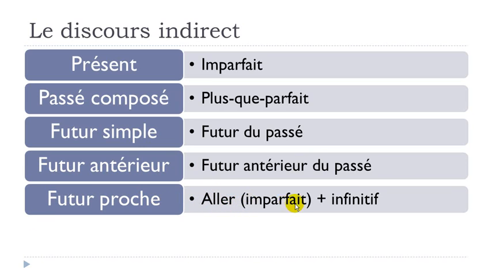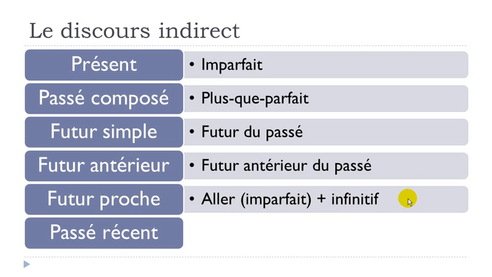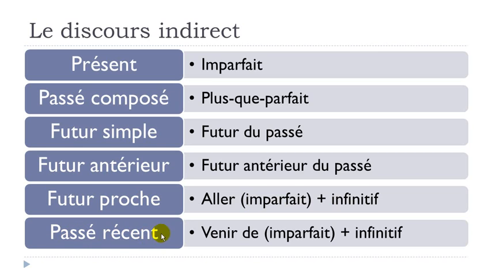You should put this verb at the imparfait, and then the rest of the structure. If you've got the passé récent, then the only thing, like we had for the futur proche, the only thing you will have to modify is the verb venir, and you should put that at the imparfait form. Then don't forget the preposition de and your infinitive after.